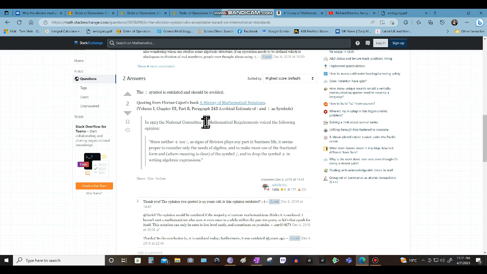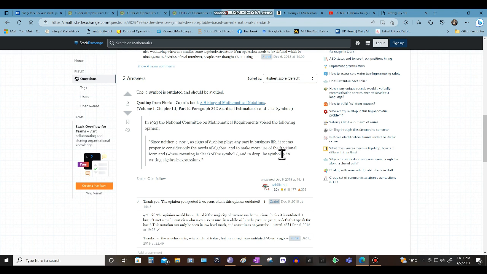If I can find the little bit of information, apparently in this book by Cajori, History of Mathematics, back in 1923, 100 years ago, he was suggesting that this divide symbol, the one we see on our calculators, also another one which is just the colon, is sometimes used. It's got no real meaning anymore, and we should be using the slash symbol. It's just the one I'm going to be using, of course, if I do it at all, and drop the symbol. And of course, this has happened.